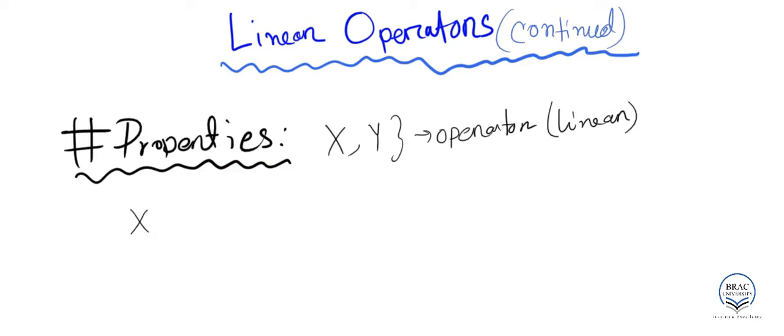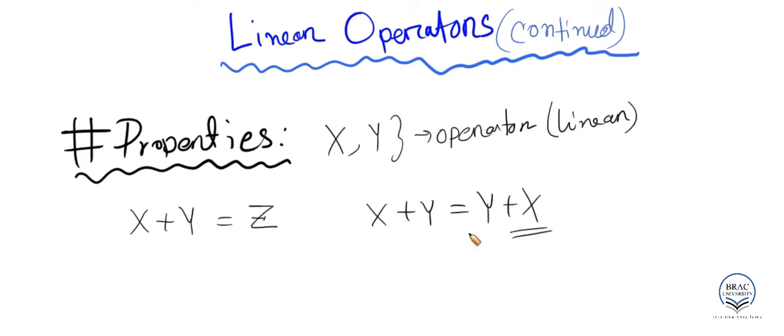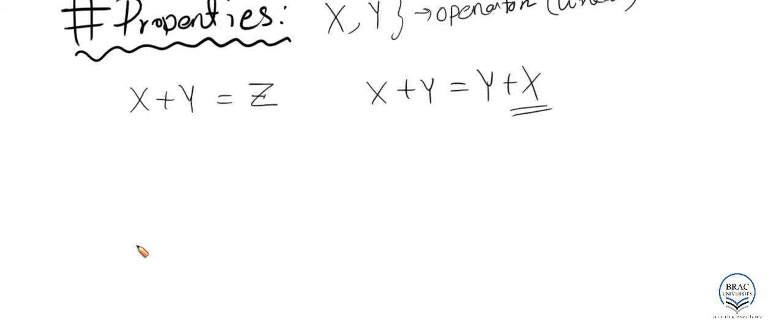Then you can add these two operators and this will be some operator, let's say z. So if you add two operators you get another operator, and this addition is commutative, that is the order doesn't matter. Similarly, if you have three linear operators x, y and w, then there is associativity that is also satisfied by them.